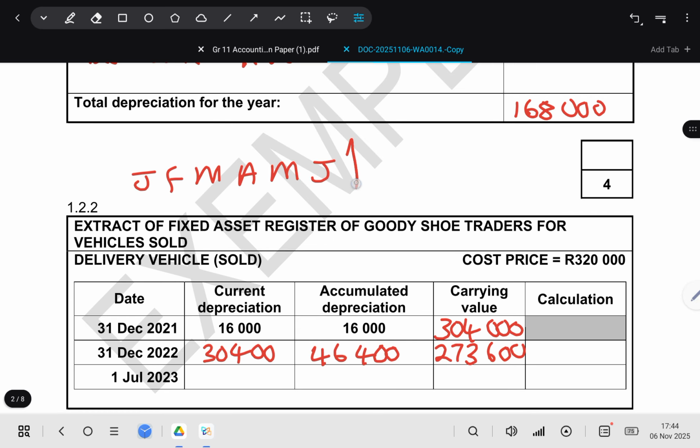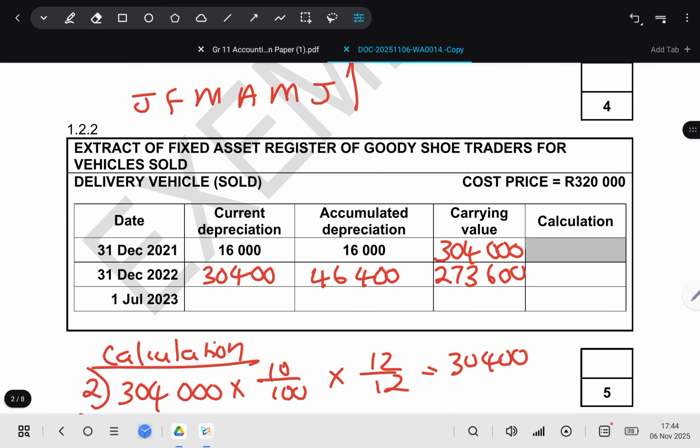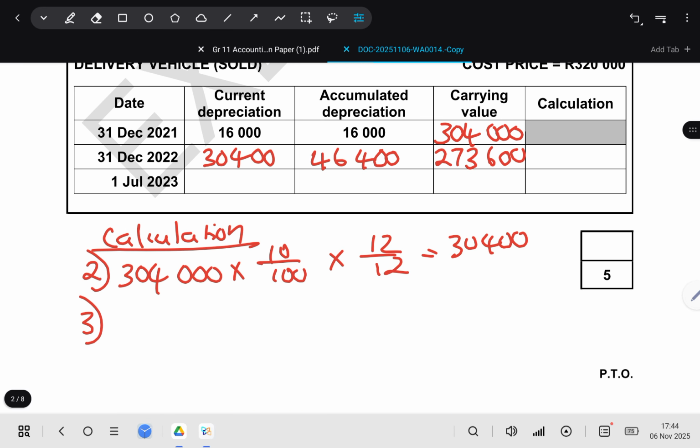So for July, we will not calculate that entire month, because that vehicle would have been with us for a period of 6 months. Remember, it's January, February, March, April, May, June, because we sold it on the 1st of July. So we will take our carrying value.